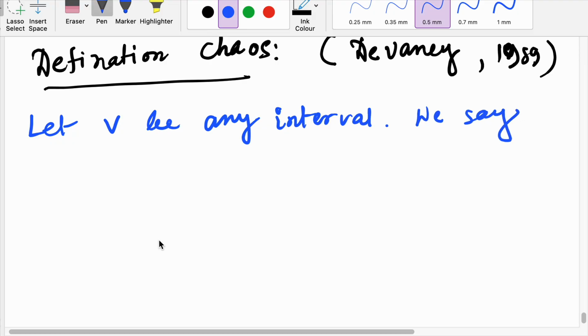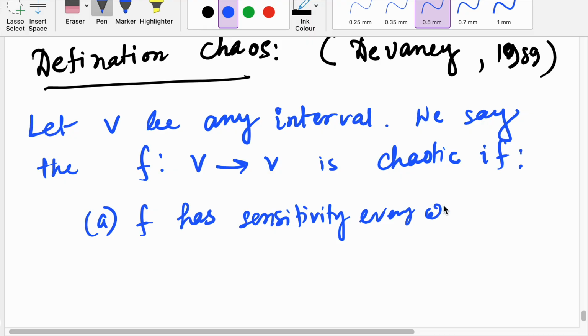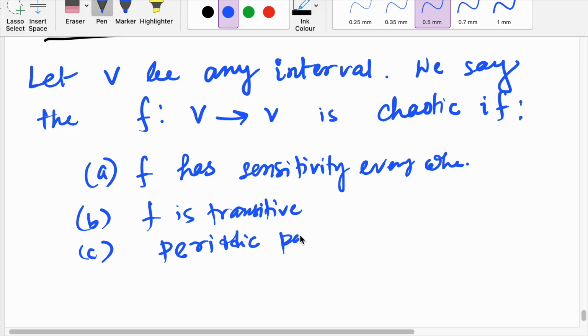We say that f, a compact map that maps this interval V onto itself, is chaotic if A, f has sensitivity everywhere; B, f is transitive; and C, periodic points are dense in V. And you see that all three things are there in the wiggly iterates.